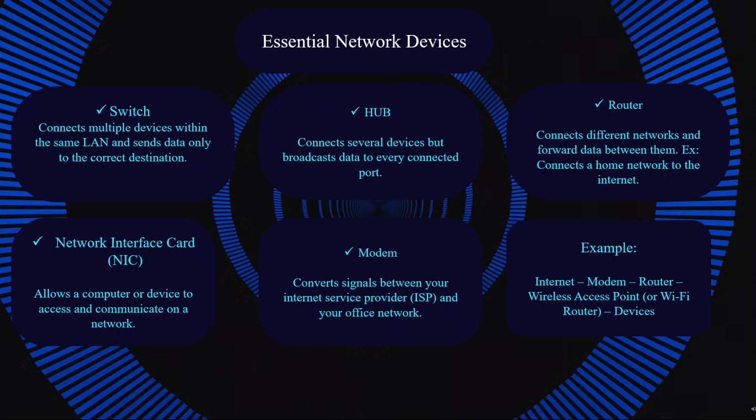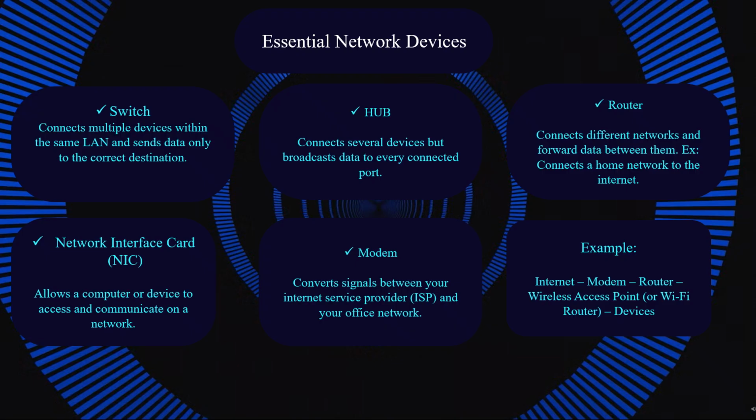Compare that to a hub, which also connects several devices but instead broadcasts data to every single connected port, whether that device needs the data or not, which makes it far less efficient than a switch.